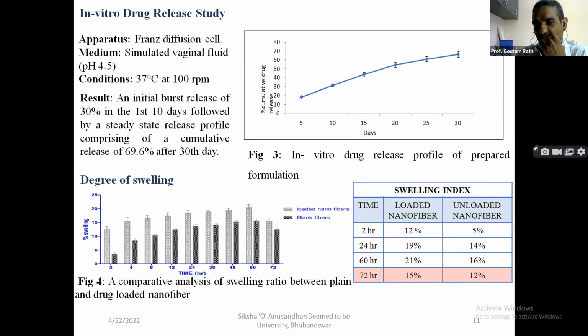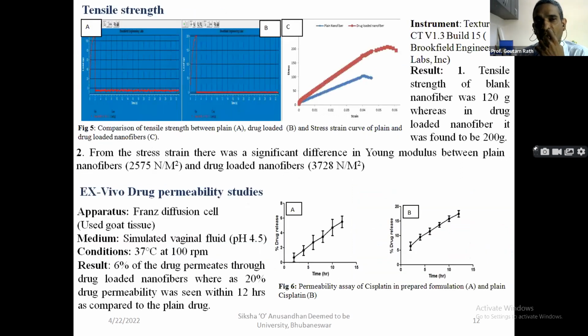And this is the swelling, because swelling affects the drug release from the fibers. This is the tensile strength, because if we are making a paper-like structure meant for intravaginal applications, it should have a minimum physical and mechanical strength.